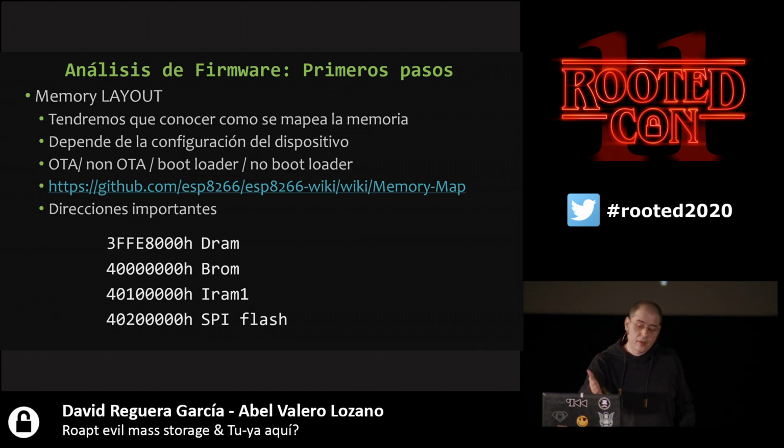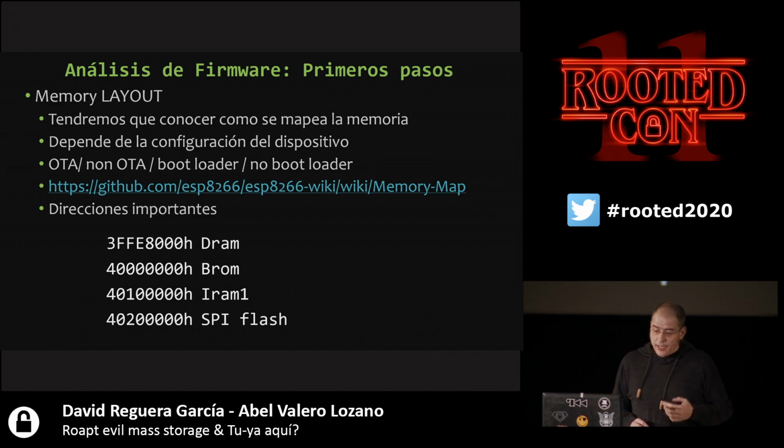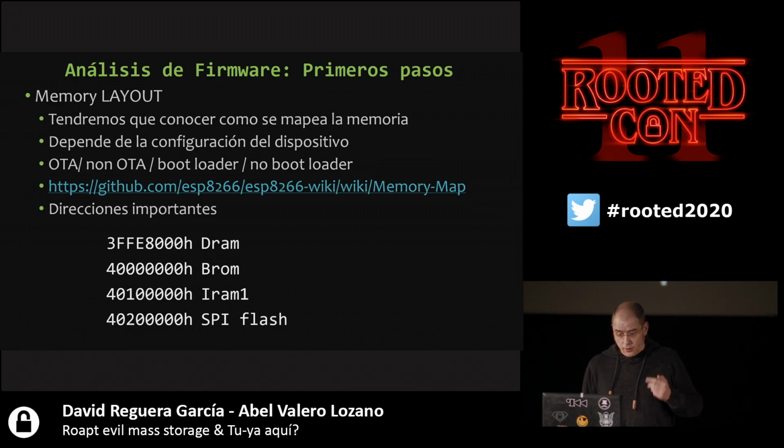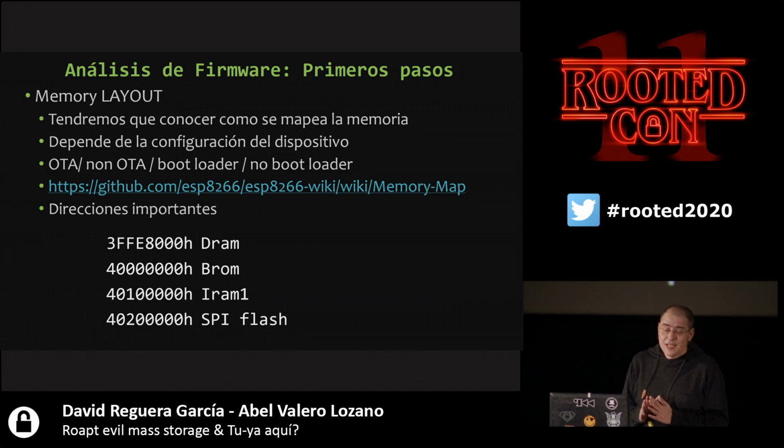We see that at address 3FFE we have DRAM. At 40000000 we have the boot ROM, which is run at the beginning, and then at address 40100000 we have the IRAM, and at 42000000 we find SPI flash. What is SPI flash about?